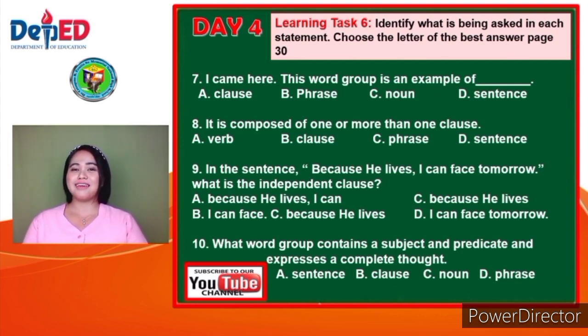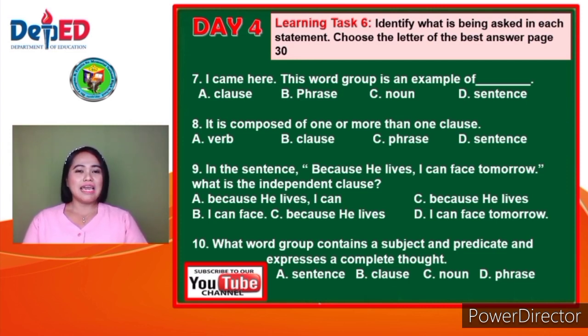B. Phrase. C. Noun. Or D. Sentence. Number 8. It is composed of one or more than one clause. A. Verb. B. Clause. C. Phrase. Or D. Sentence.